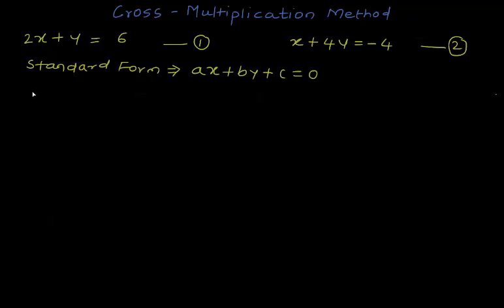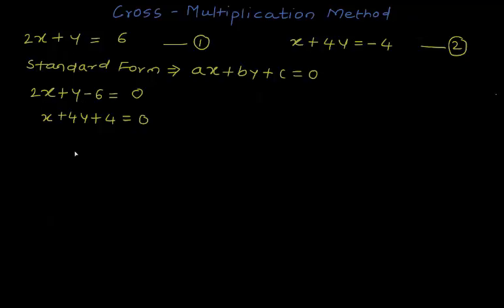We'll get 2x plus y minus 6 is equal to 0. So all the terms are on the left hand side of the equal sign. And if we add 4 to both sides of equation 2, we'll get x plus 4y plus 4 is equal to 0. So in the first step, we have arranged both the linear equations in standard form.